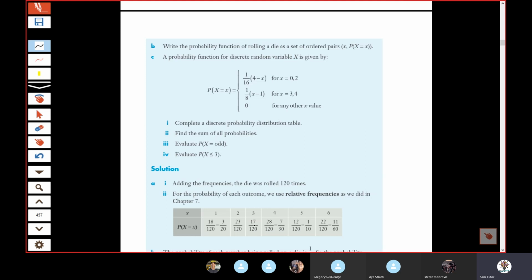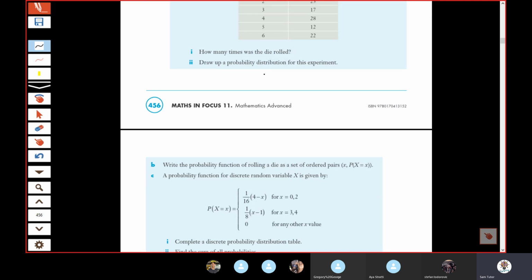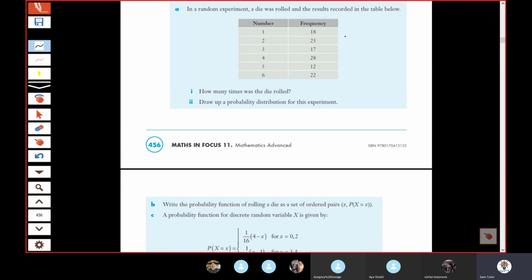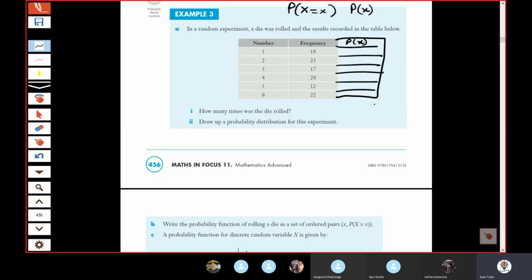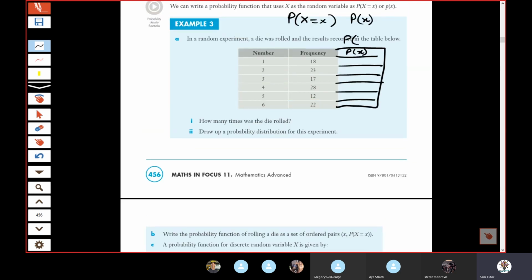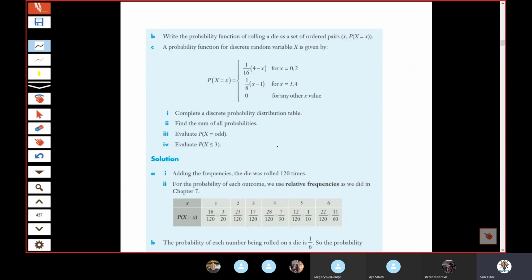Rolling a 3, 17 out of 120, and so on. Your probability distribution is just a fancy way of saying, find another column that lets me write the probability of each event occurring. There it is.